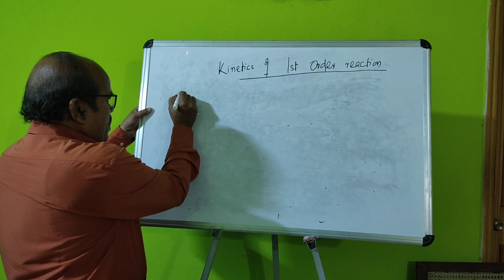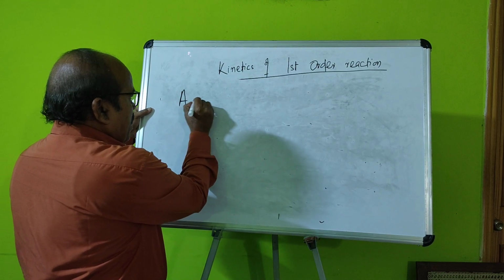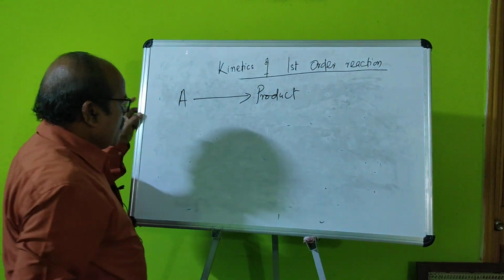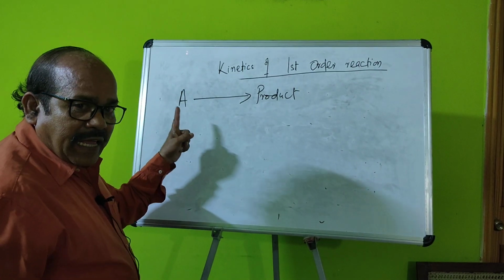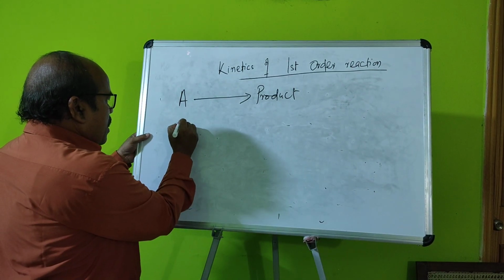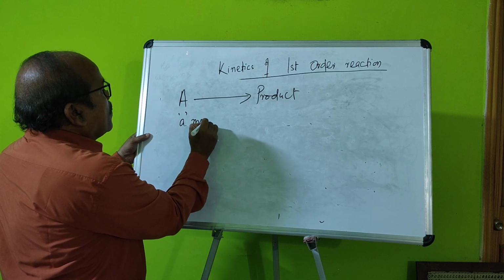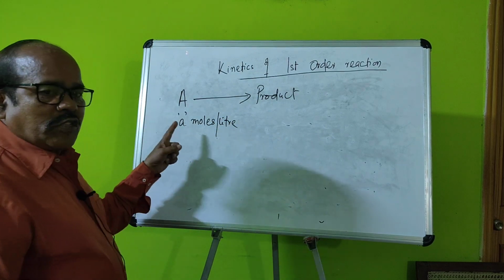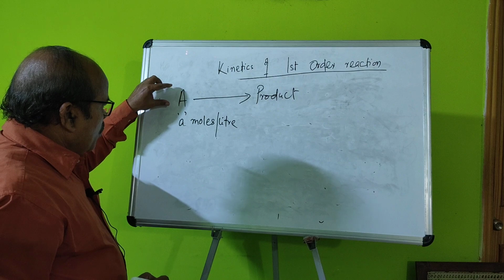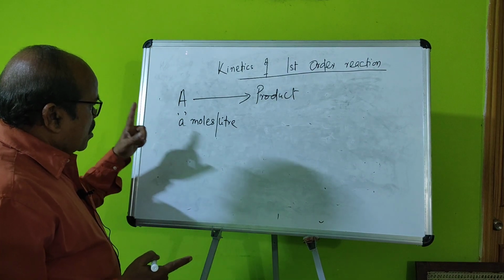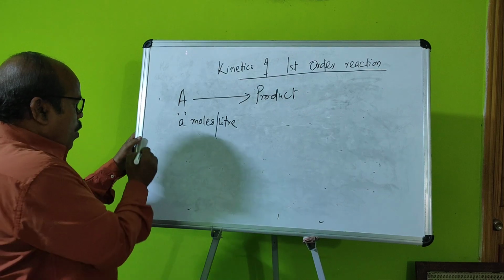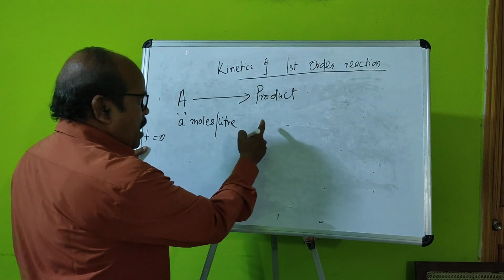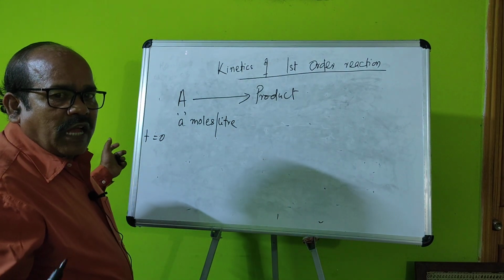Suppose there is a reaction A gives rise to product. Let this reactant A have concentration a moles per liter. The unit of concentration is moles per liter. When time t is equal to 0, A has a moles per liter and no product has been formed.